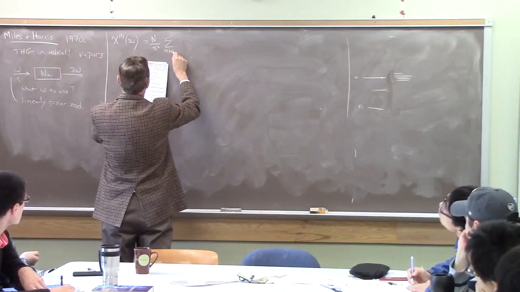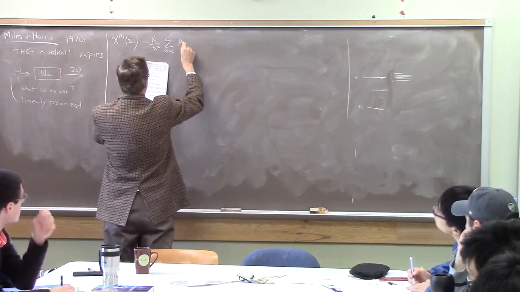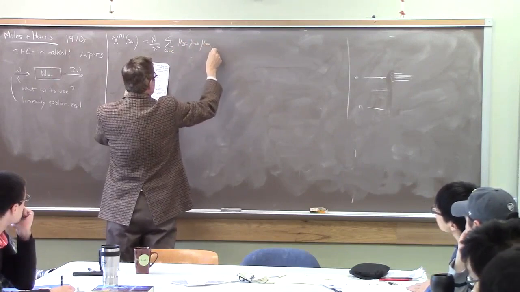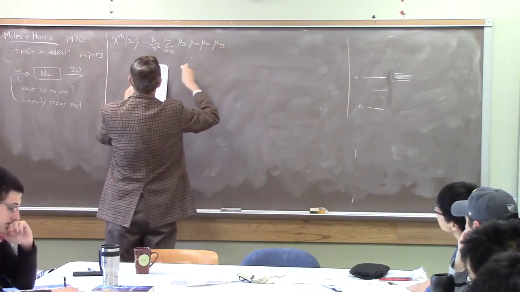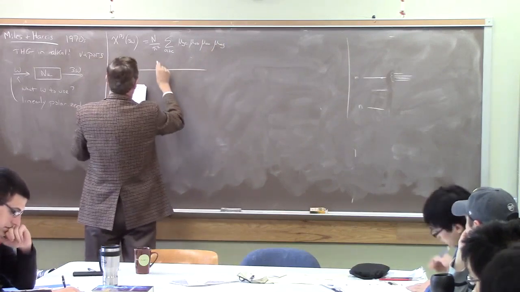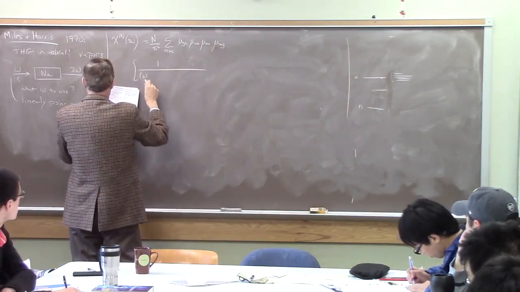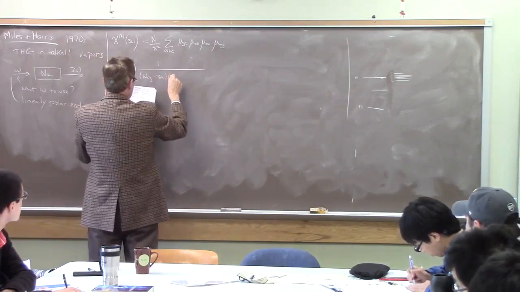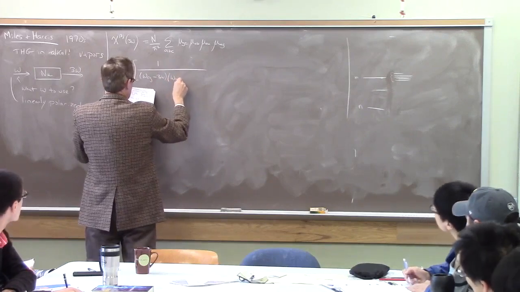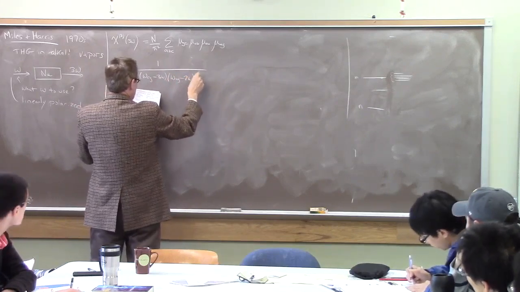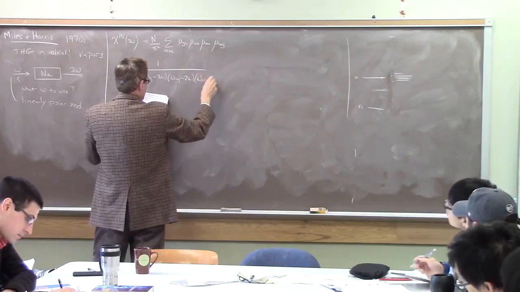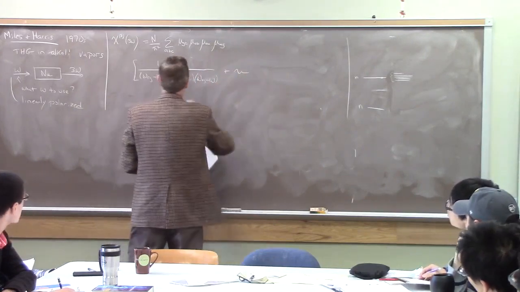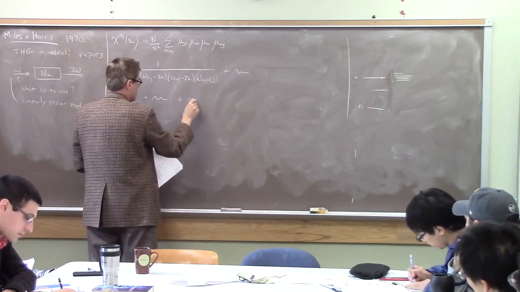So it's the sum over A, B, and C of mu GC, mu CB, mu BA, mu AG, times 1 over omega CG minus 3 omega, omega BG minus 2 omega, omega AG minus omega, plus plus plus.